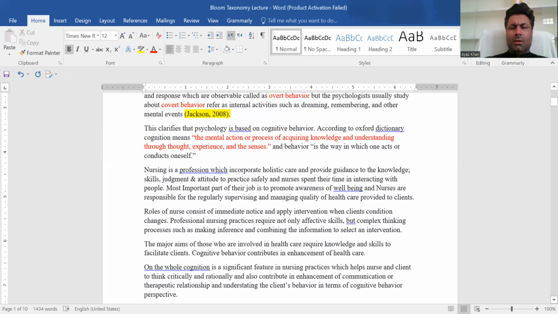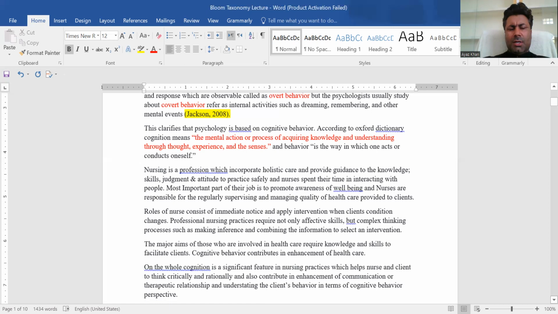Then we take different decisions to plan interventions for that patient, and after planning the intervention, at the end we evaluate. All these processes which go on step by step are called cognition, and we use that usually on a daily basis.